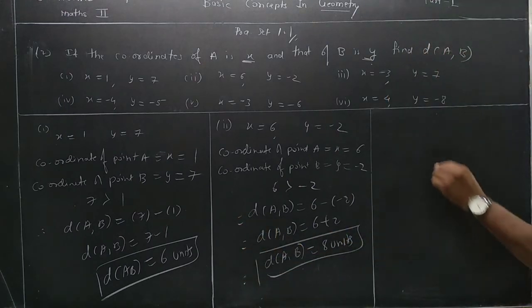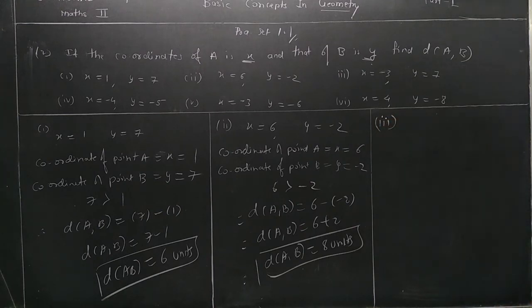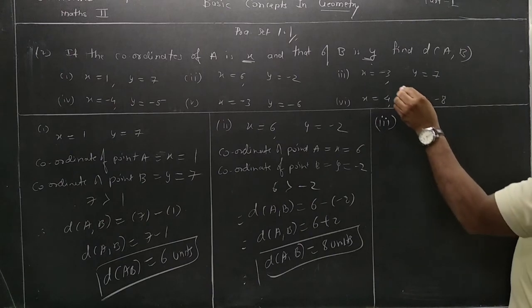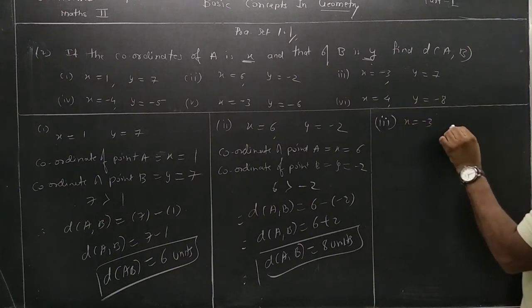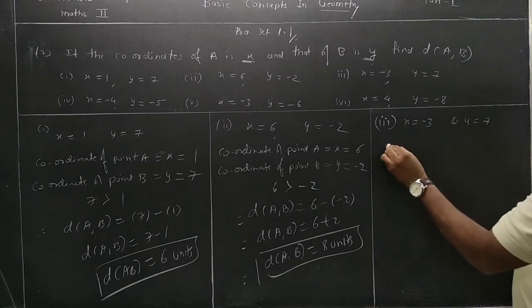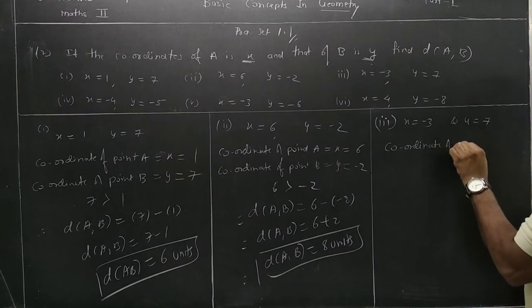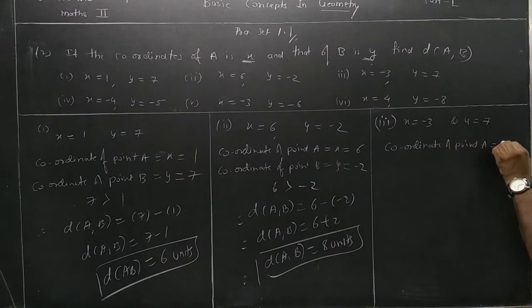Okay, now question number 3. That is x is equal to minus 3 and y is equal to 7. So what are you going to write now? Coordinate of point A, x is equal to minus 3.